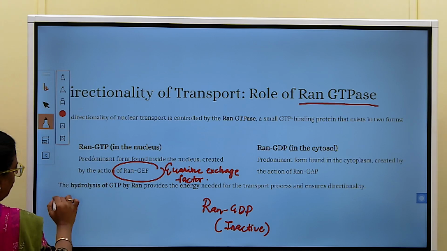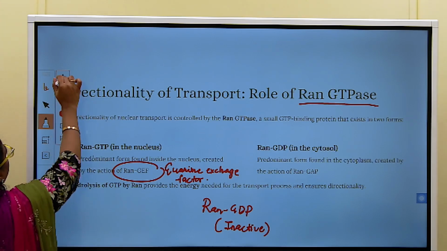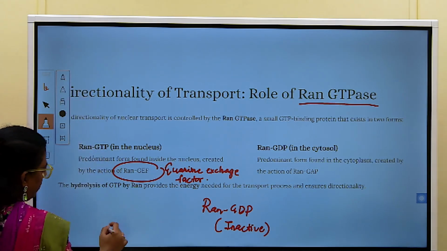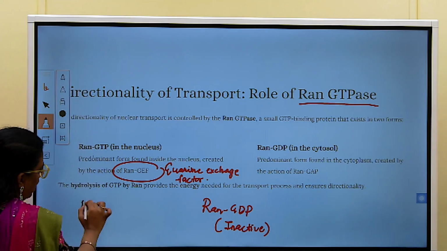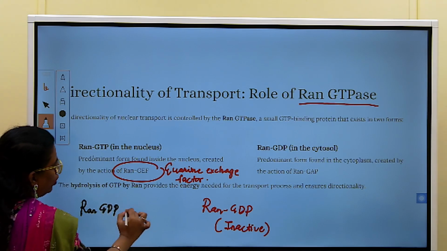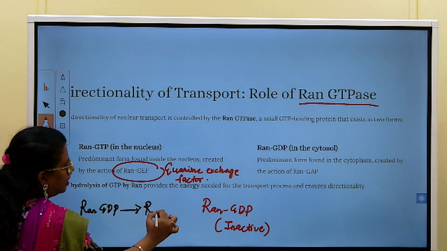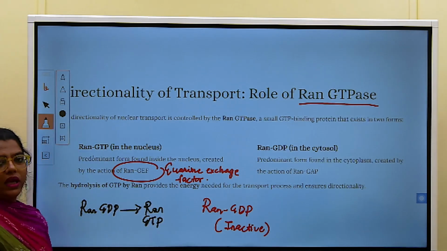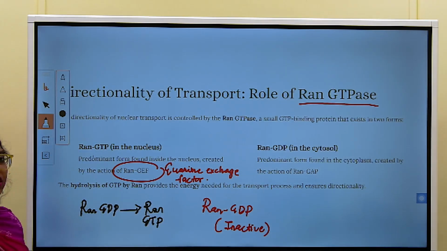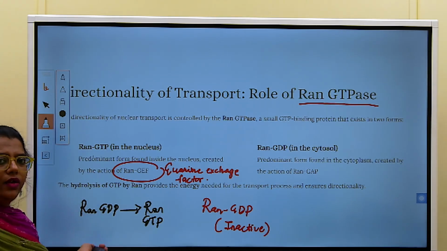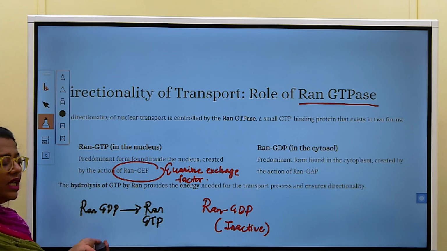RAN GEF will convert RAN GDP to RAN GTP. Since RAN GEF is the RAN guanine exchange factor, it will convert the inactive form of RAN, that is RAN GDP, to the active form, RAN GTP.